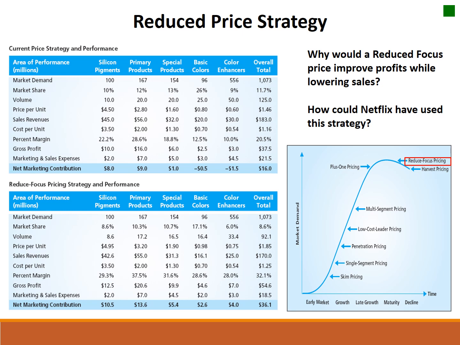So this pricing strategy is a little bit different. You might think it a little counterintuitive, but at this point the market's pretty well saturated. So there's a lot of customers who are buying the product, relative to those who haven't.